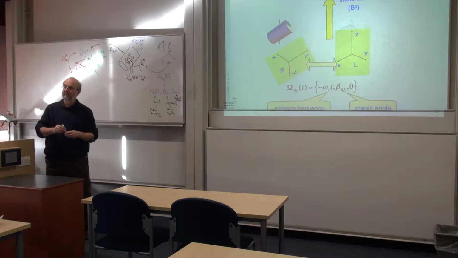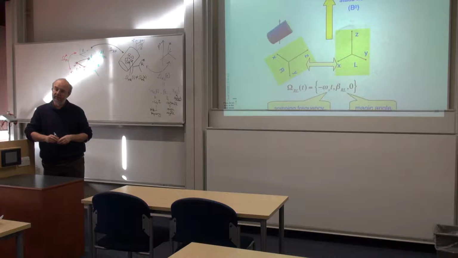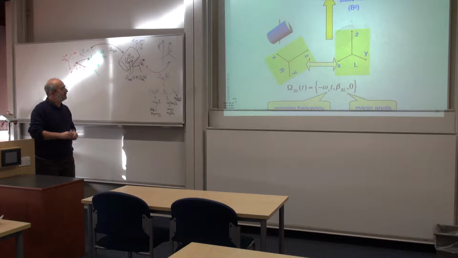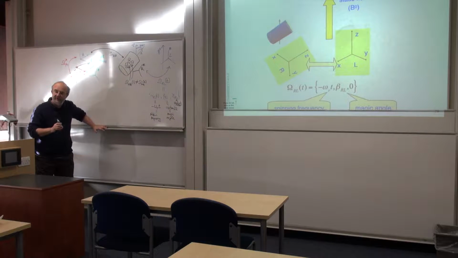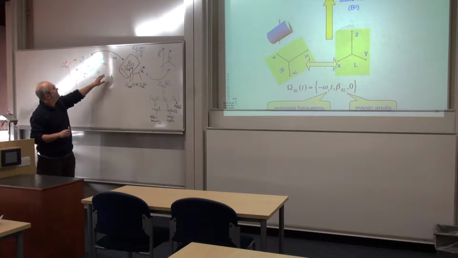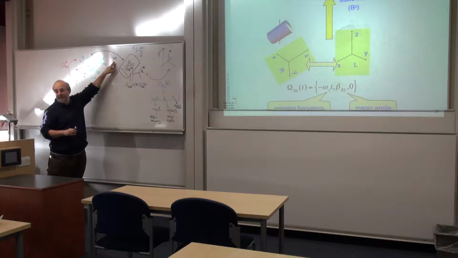What are people talking about when they talk about gamma encoded pulse sequences? Yes, that's something maybe when Marina takes over, she will talk about that. That is actually referring to this gamma angle here.